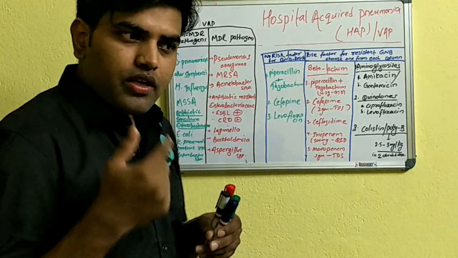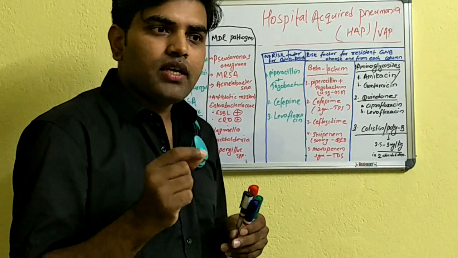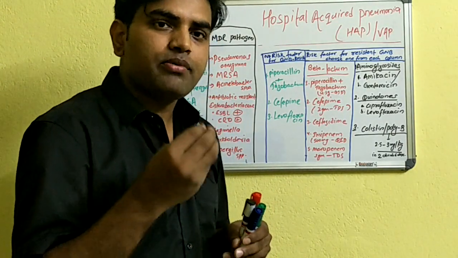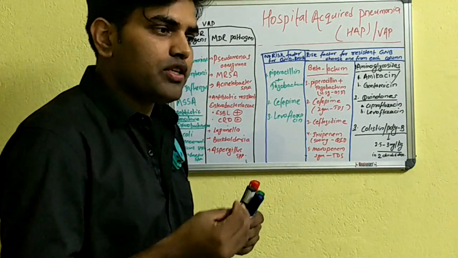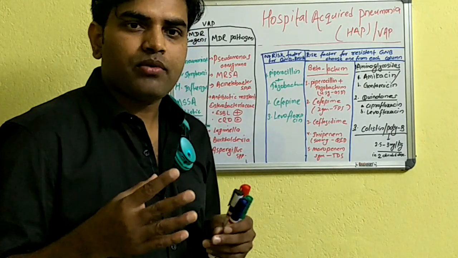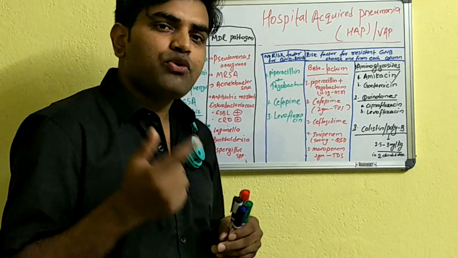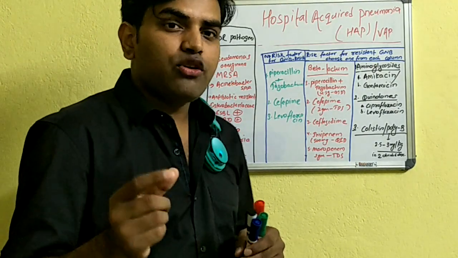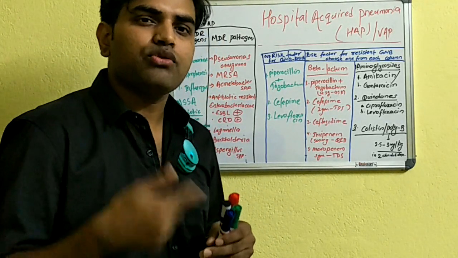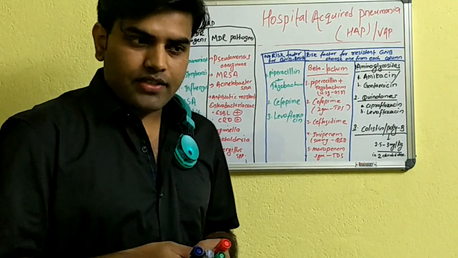But when we come to the two major features, one is the increase in respiratory secretion. If the respiratory secretion is more, then you have to consider that something is going wrong inside the respiratory tract. There is some infection going on inside your lung. That is point number 1. And point number 2 is a new or changing radiological infiltrate. When the patient is ventilated in the ICU, we usually take a daily X-ray.